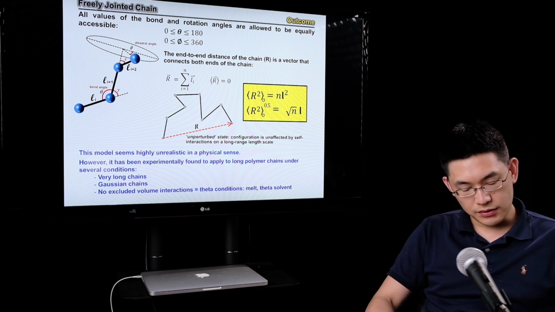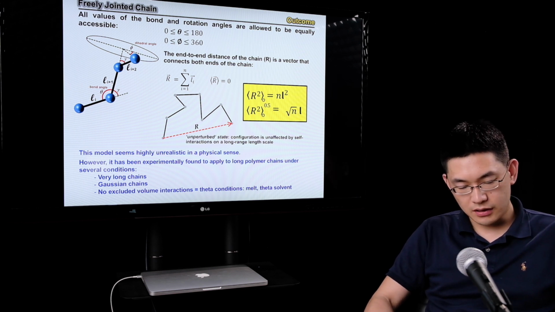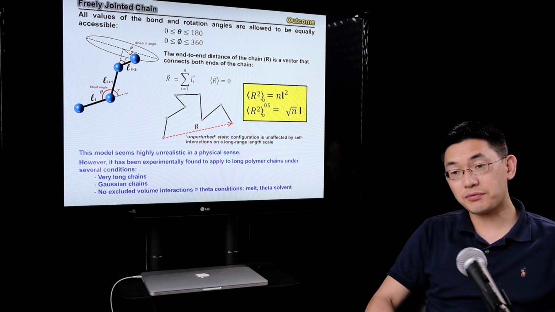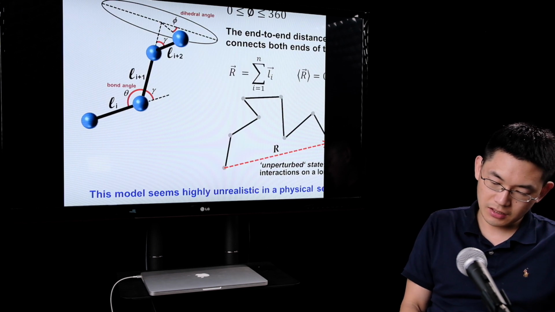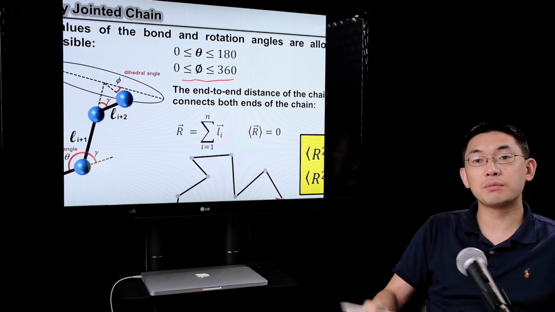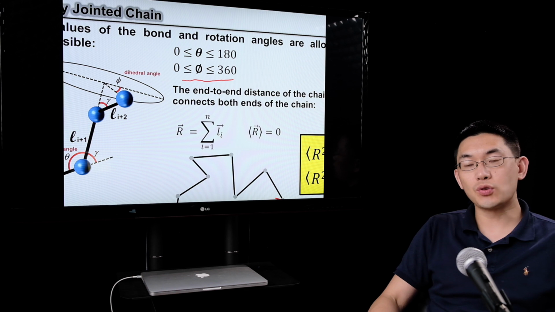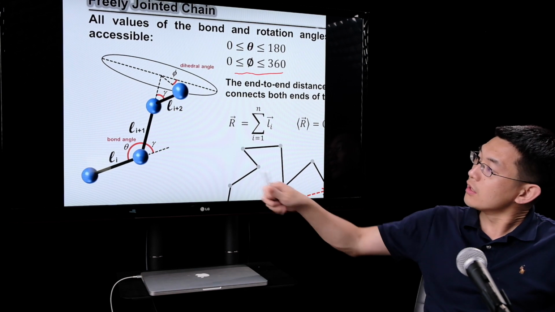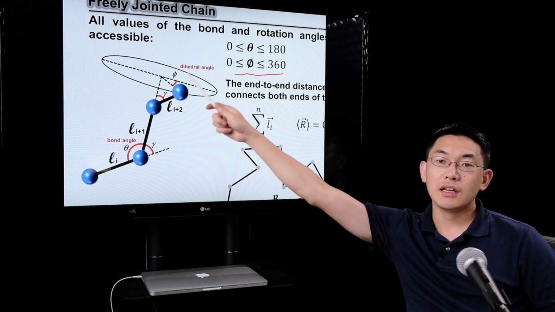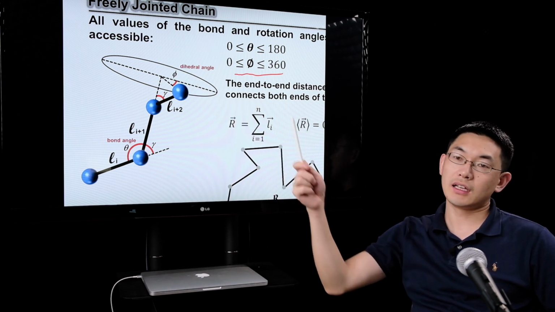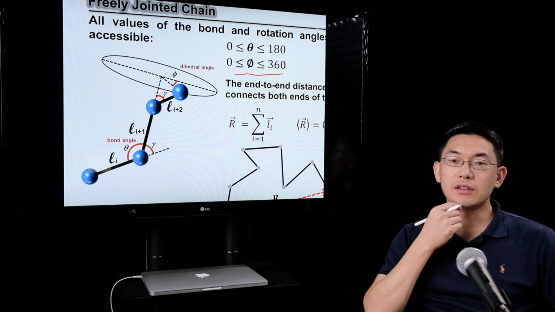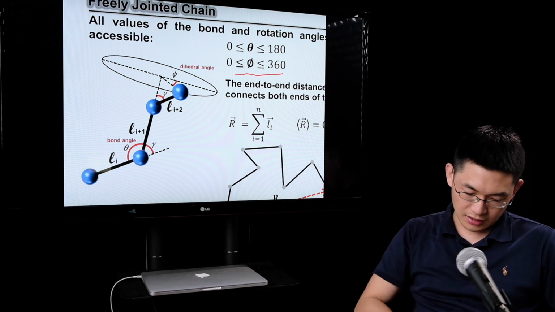Meanwhile, it would also allow the chain to adopt a dihedral angle from 0 to 360. If you satisfy those two conditions as shown here, this qualifies your chain to be a free joint chain model, which in other words means this angle can be the bond angle, can be any, and this dihedral angle can be any angle along its polymer rotation direction. So there is literally no limitation whatsoever.